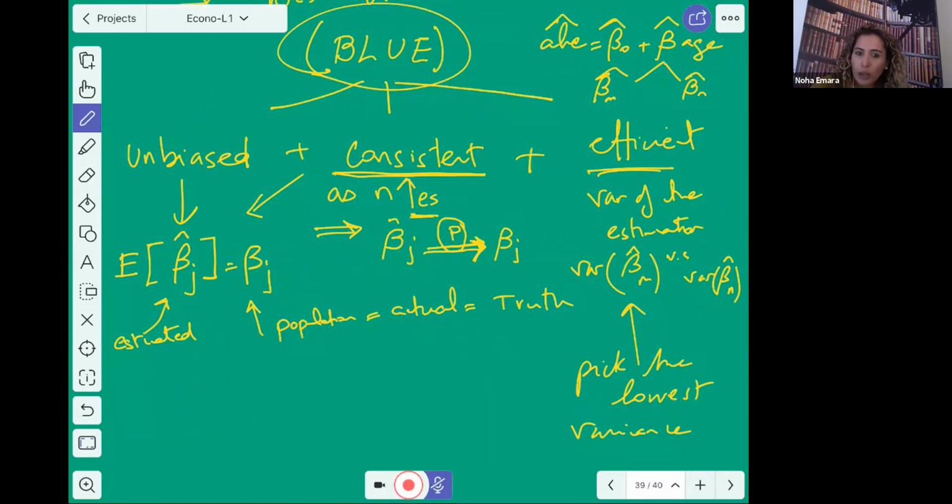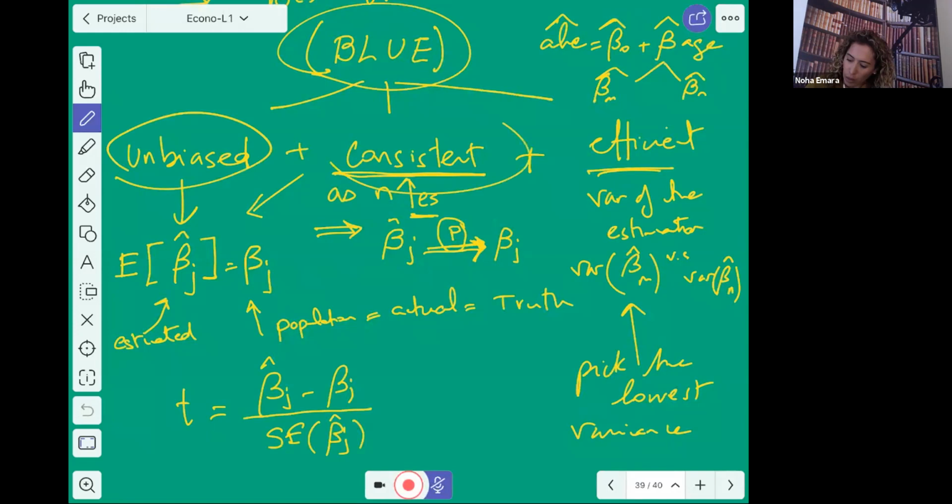If you combine these together, I want you to think about it like this. Remember, the T statistic was how far my estimator is from the truth over the standard error, which is computed from the variance. The first two are related to the upper part of the T statistic, how far the estimator is from the truth.